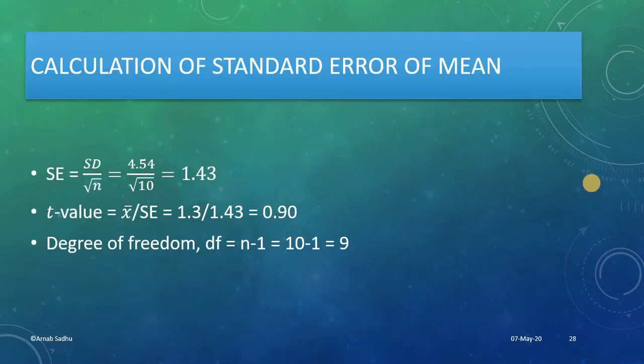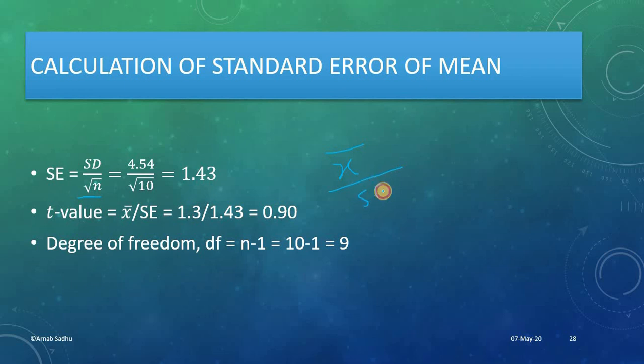So now we can check the t. We can calculate the t, with standard error, which is sd by square root of n. So first let us calculate standard error, sd by square root of n, which is 4.54 by square root of 10, 1.43, and your x bar by this se is your t value.